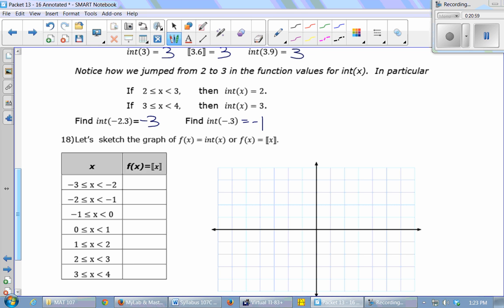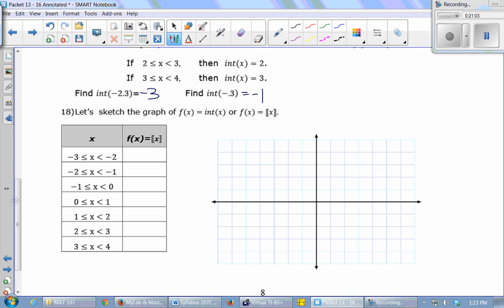Okay, so let's try to sketch a graph of this greatest integer function. So for x's between negative 3 and negative 2, negative 2 point somethings, my output is going to be negative 3. Any negative 2 point something will give you negative 3 as the output. How about negative 1 point somethings? What would I get?